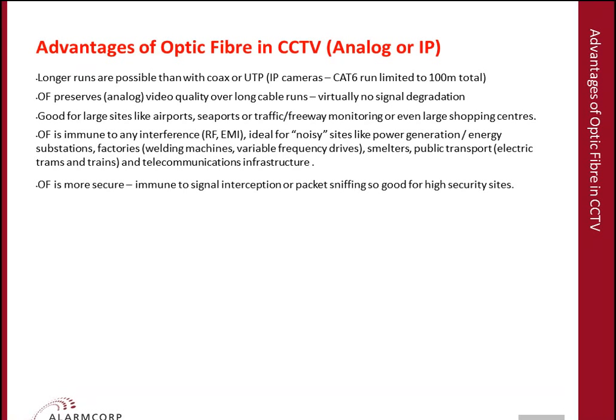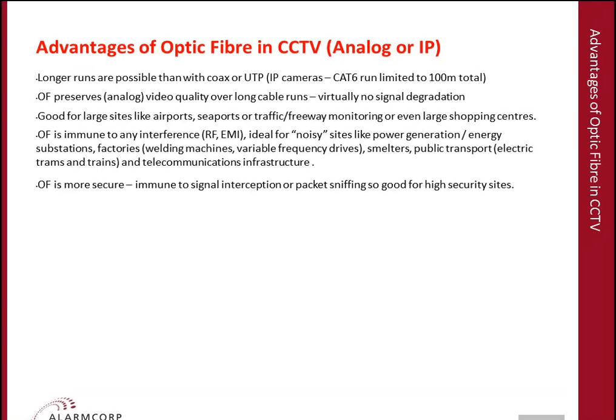Finally, optic fiber is more secure. It is not possible to intercept a signal in an optic fiber or to packet sniff. So if we do have a high security site where we are concerned about somebody intercepting the signal, optic fiber is ideal.